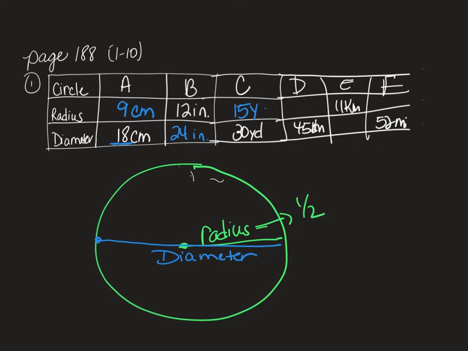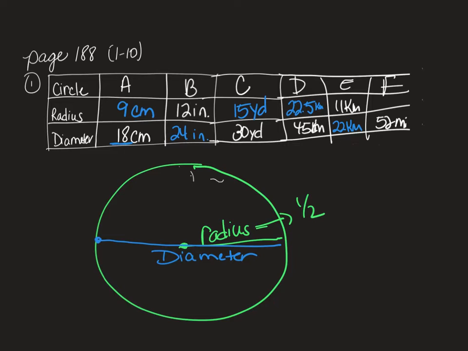And you can just follow along with us. Did you do this? Yeah, okay, good. And then D, if the diameter is 45, what is the radius? And you are right, it is 22 and a half. If you have 11 radius kilometers, it is a 22 kilometer.